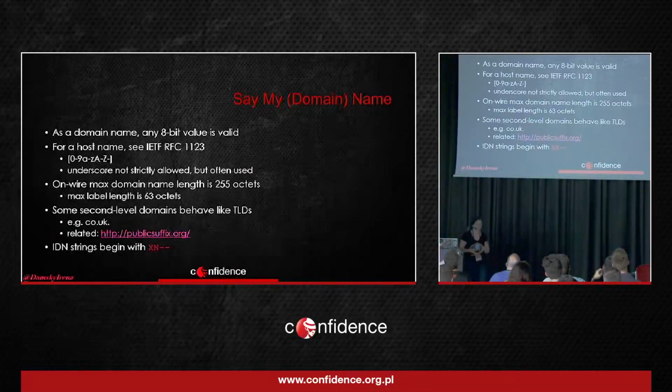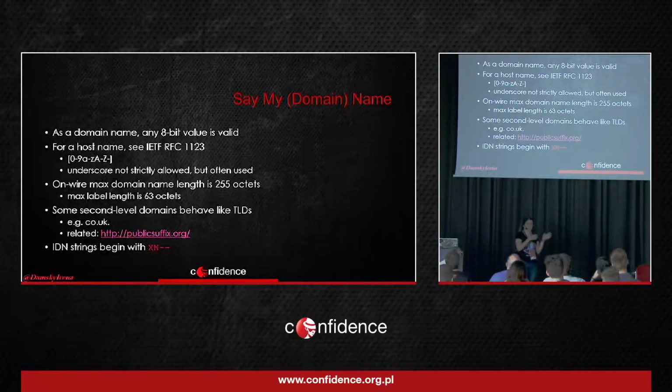So what is a domain basically? A domain is a sequence of 8-bit values, and every 8-bit value is valid for it. So you can use any character you actually want to use, as long as you remember that on the SLD, underscores are prohibited.